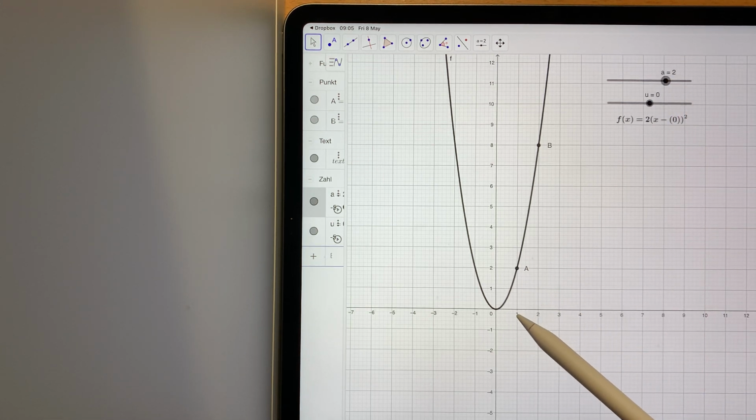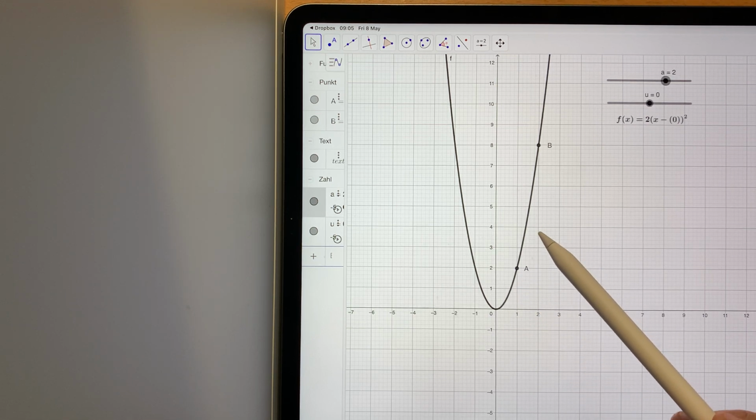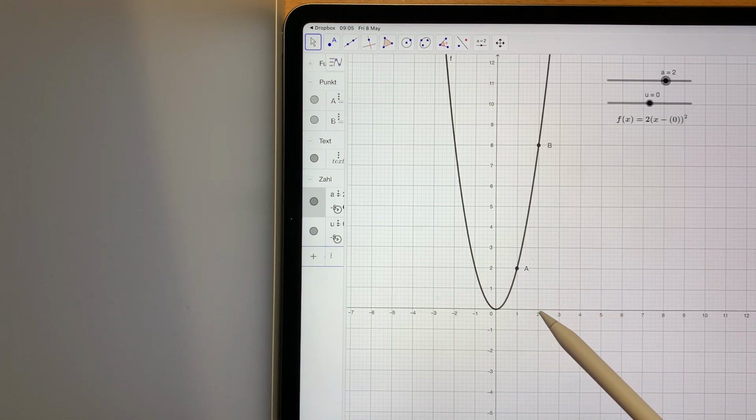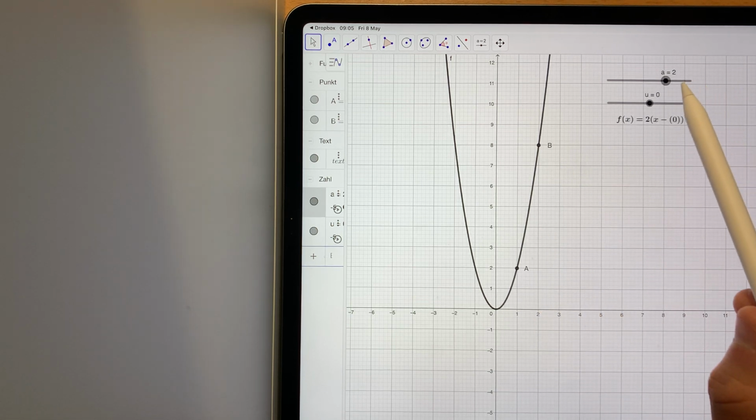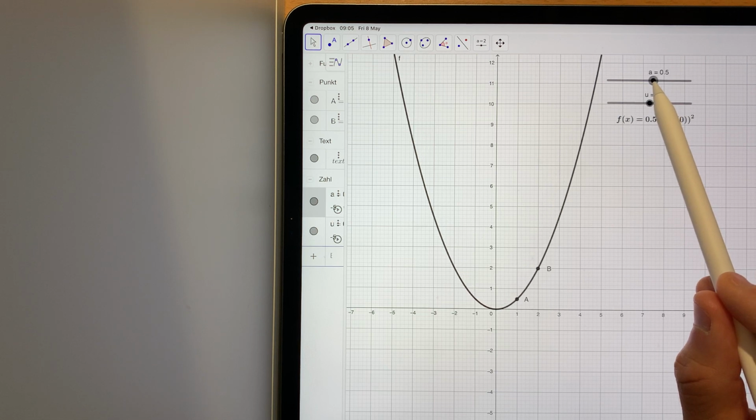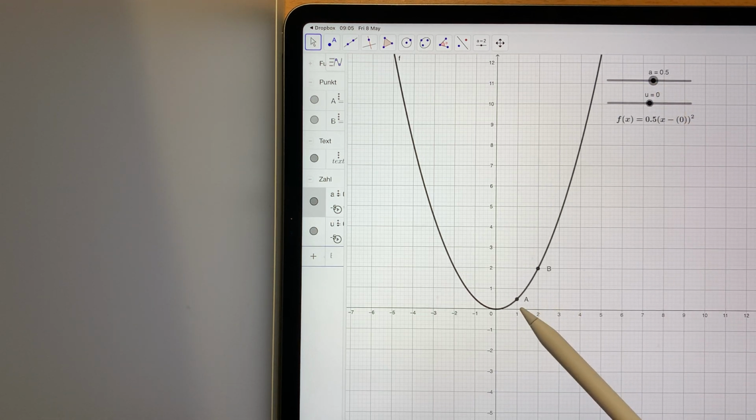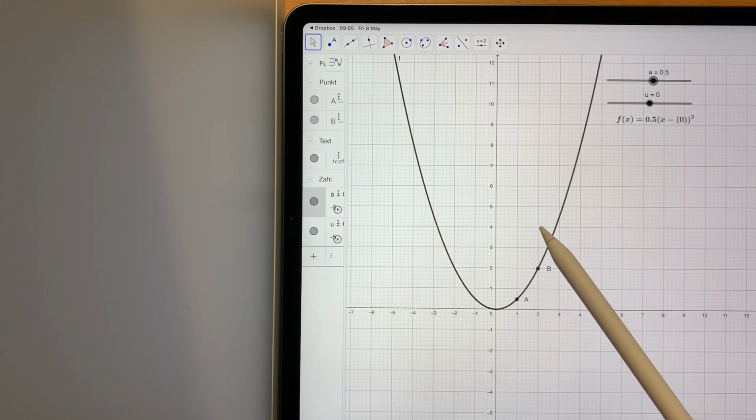So instead of going through 1, 1, it goes through 1, 2. Instead of going through 2, 4, as in the original parabola, it goes through 2, 8. Or if I go down to 0.5, for example, everything will be halved. So instead of going through 1, 1, it will go through 1, 0.5. Or instead of going through 2, 4, it will go through 2, 2.